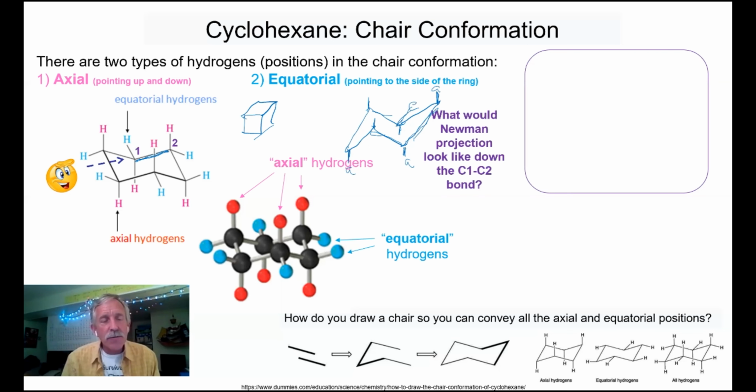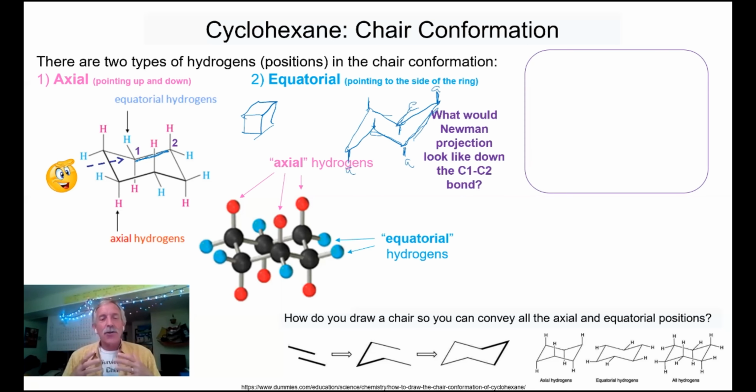If you can show me in a Newman projection that they're not eclipsed, then they're staggered, and staggered is great. And then the next thing we're going to see is whether you could make some groups on this chair anti to each other, which would be even better. So remember, gauche and staggered are all right. Anti is the best. Eclipsed is the worst.